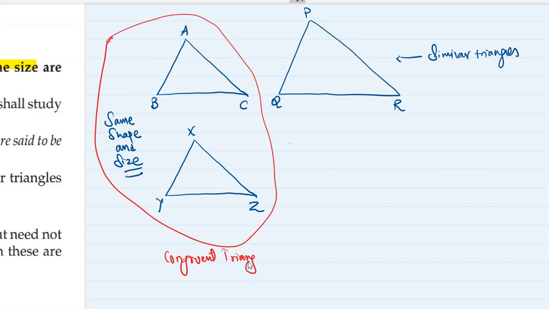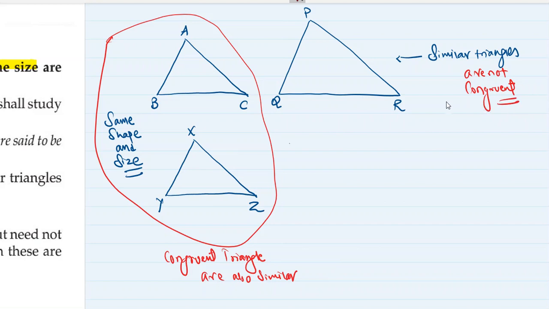Same shape and same size. But are they similar also? Yes, they are similar also. So congruent triangles are also similar to each other. But similar triangles are not congruent. Remember that.